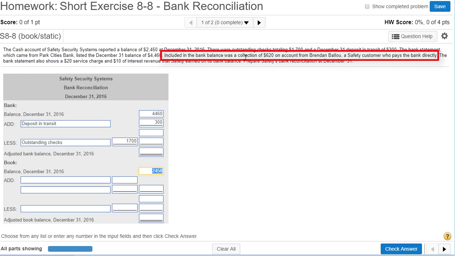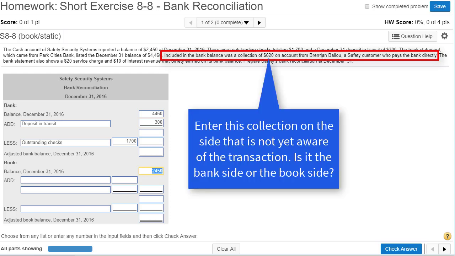Included in the bank balance was a collection of $620 on account from Brendan Ballou. So on the bank statement, it shows there is a $620 collection on account from our customer, Brendan Ballou. And this customer pays the bank directly. So we did not know about that.